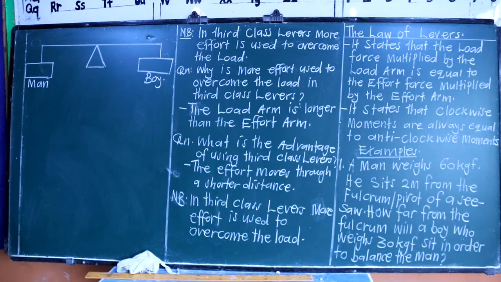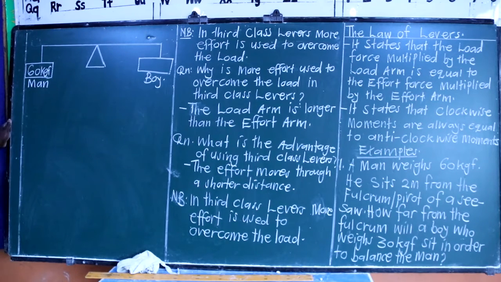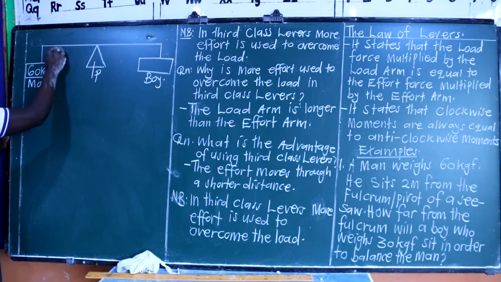Then you are told a man weighs 60 kilogram force. This man is 60 kilogram force. He sits 2 meters away from the pivot. This is a pivot. This man sits 2 meters away from the pivot of a seesaw.